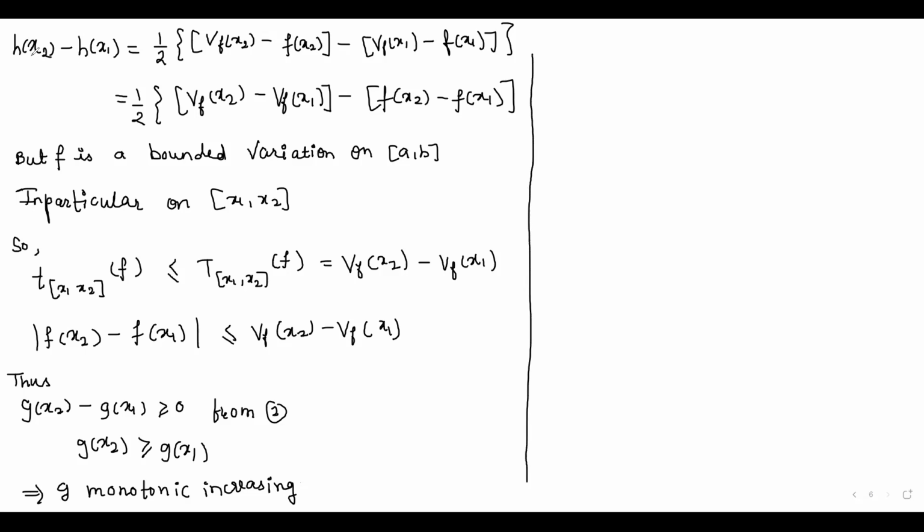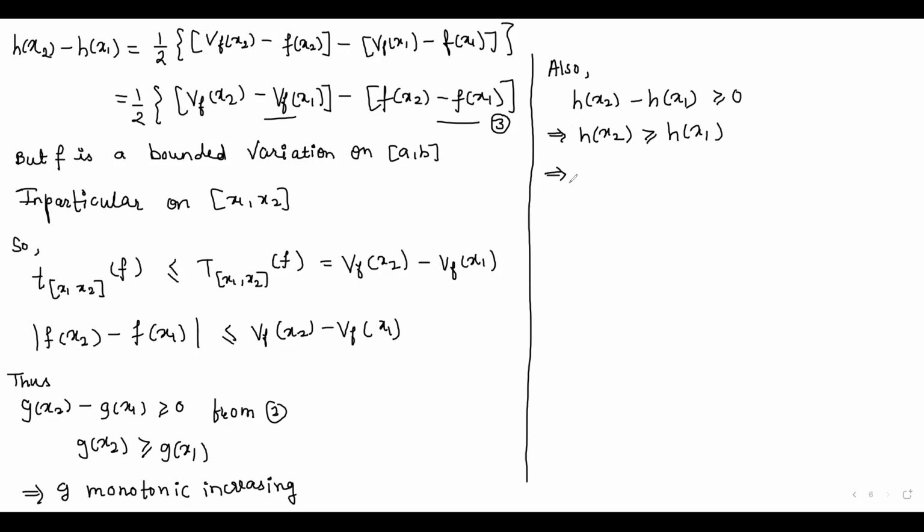Now let this h of x2 minus h of x1 equals to half of variation of f over x2 minus variation of f over x1 minus f of x2 minus f of x1. Let this be number 3. So also by 3, we have h of x2 minus h of x1 greater than or equals to 0, which implies that h of x2 is greater than or equals to h of x1.